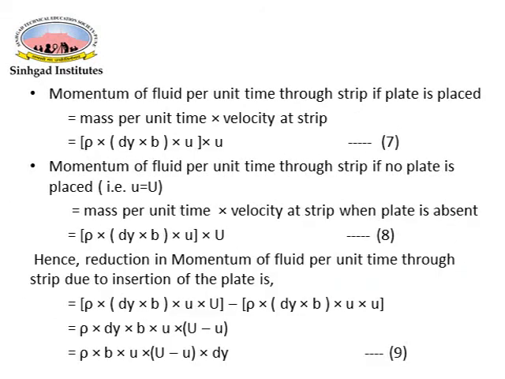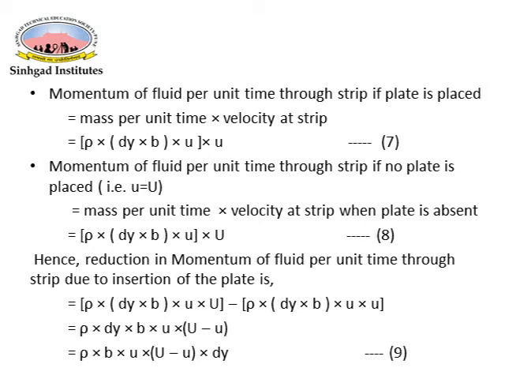Therefore, momentum of fluid per unit time through the strip if the plate is placed equals mass per unit time into velocity at strip, equal to rho dy b u into u.